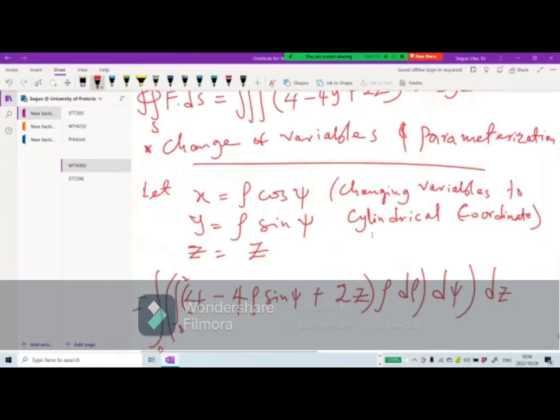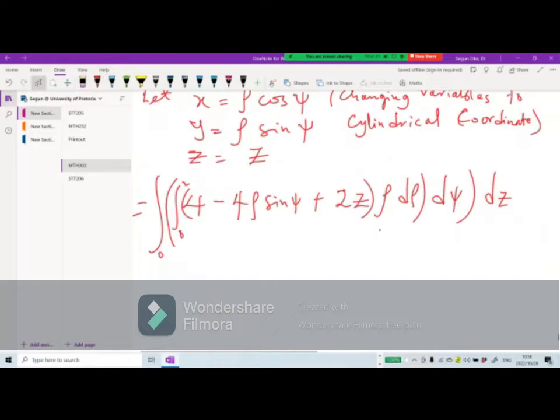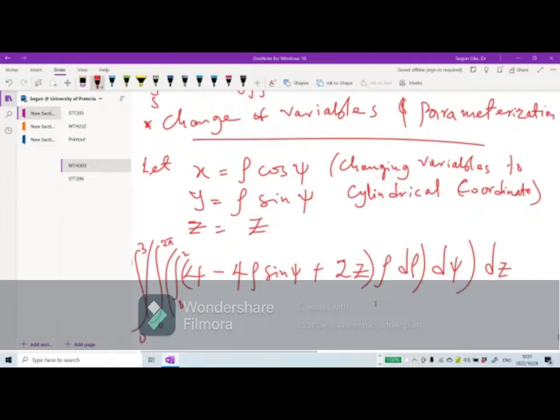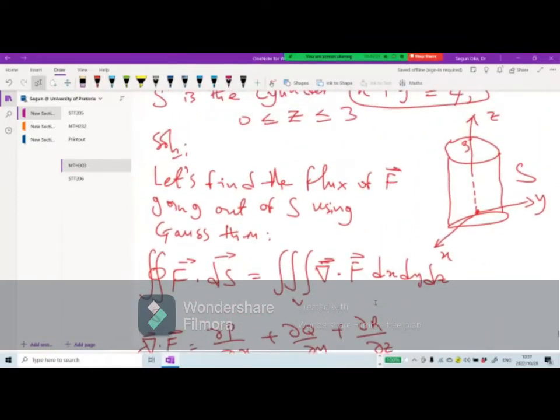So we can continue. From there, we can substitute our values. When I'm working on the rho, it will be from 0 to 2. Then when I'm working on psi, it is a complete rotation, which is 2 pi. And the last one, which is our z, it will be the integral from 0 to 3, because we are given the limit for z already.